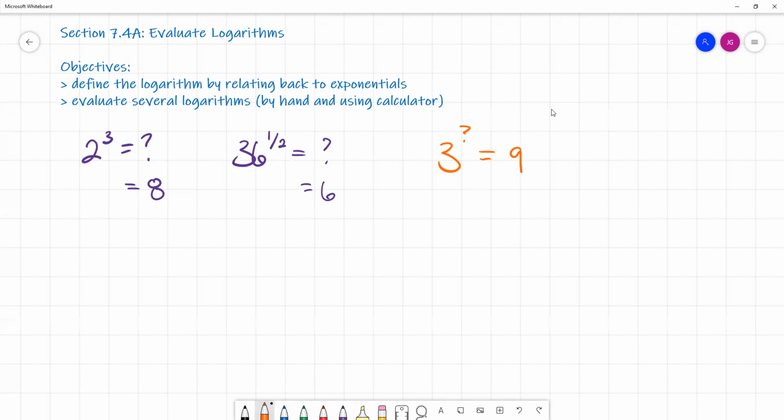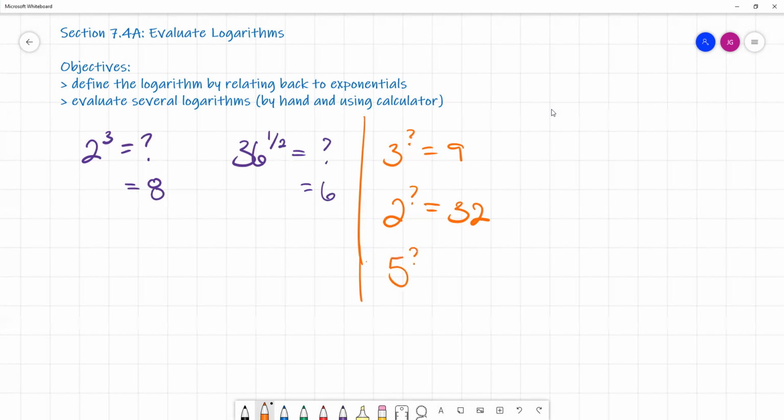What if I asked you, 2 to what power is equal to 32? And then maybe one more: 5 to what power is equal to 1 over 25?